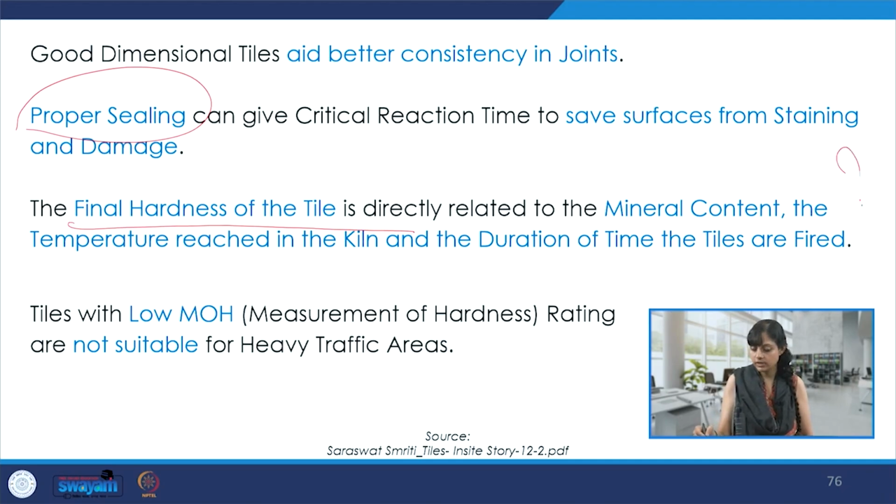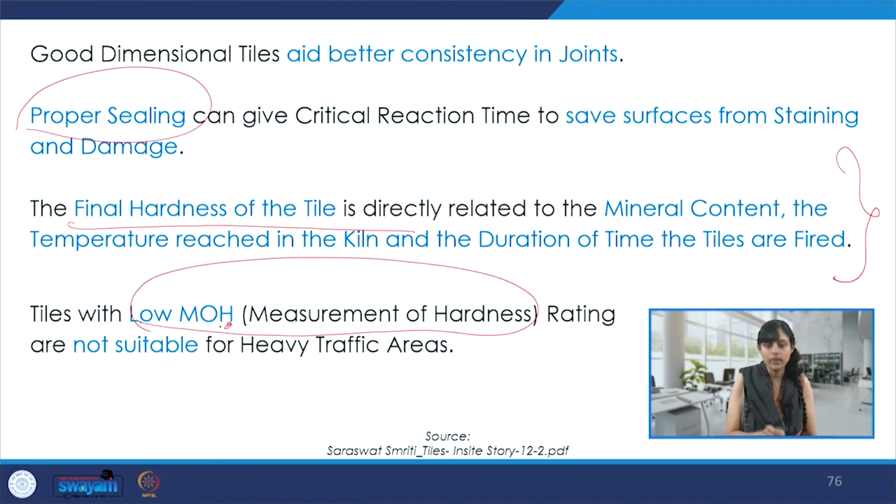So these are all very important aspects, and manufacturers have to keep this in mind. There is something known as measurement of hardness, which is MOH, and these are technical specifications that you will get to see if you take interest and do a market survey. Tiles with a low MOH rating are not suitable for heavy traffic areas. So this has to be kept in mind.